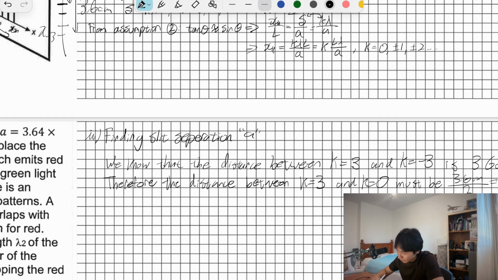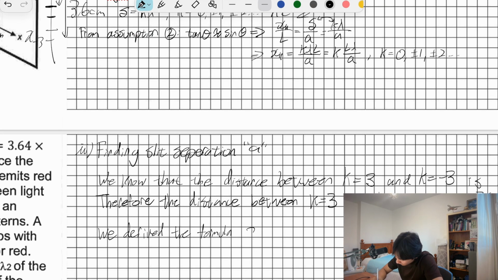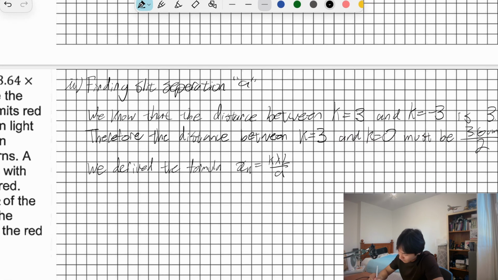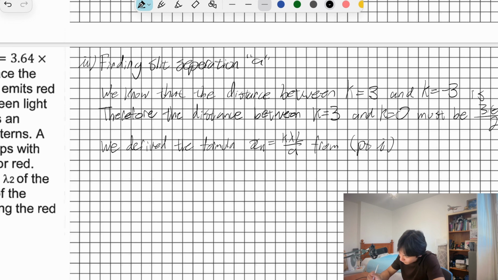What are we given? We derived the formula xk is equal to k lambda L over A, from part 1.